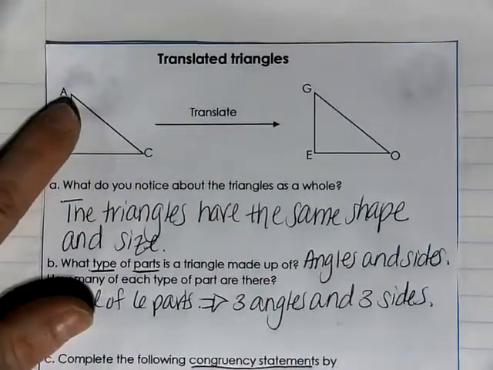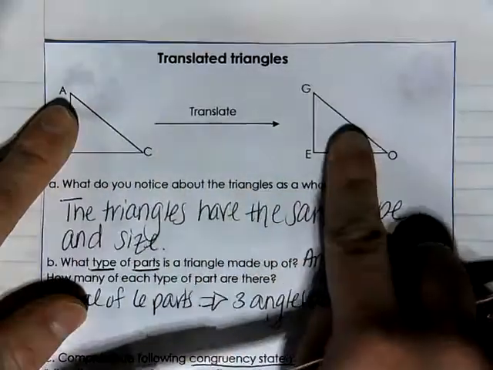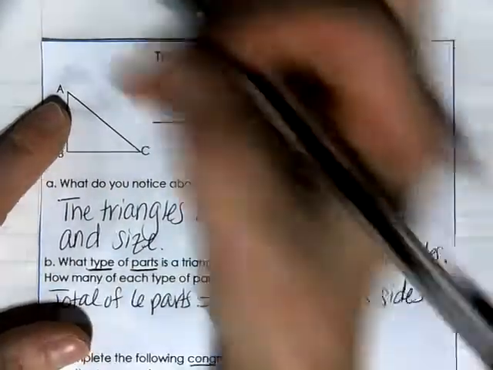So looking at angle A is right here. What would angle A match with in the second triangle?